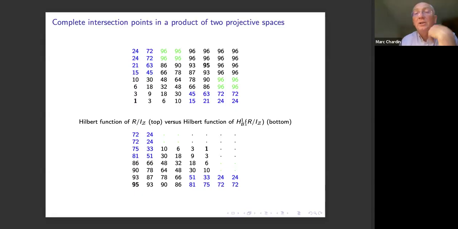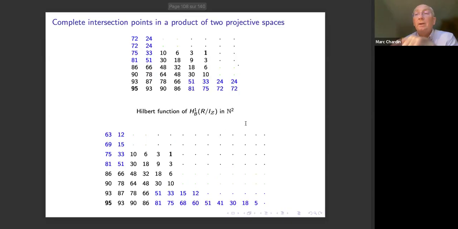So taking 96 minus the function gives you a better picture, where, by what you have seen, you have just things in blue and in black. The black part has this duality, and the blue part depends on the different sets of points. Written this way, these are my two sets of points and their Hilbert functions.